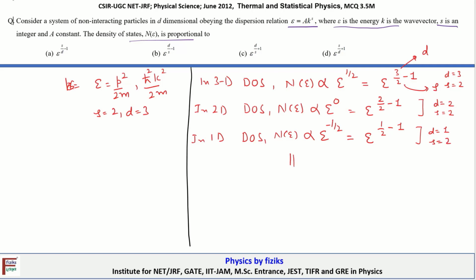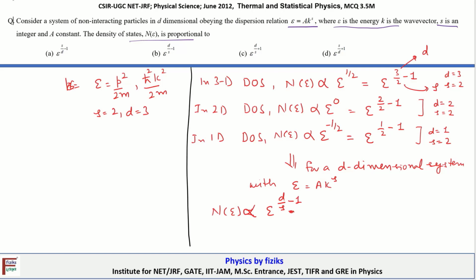Therefore this implies that for a d dimensional system with the dispersion relationship of the type E equal to A k power S, the density of states N(E) is proportional to E power D upon S minus 1. Therefore B is the correct option here.